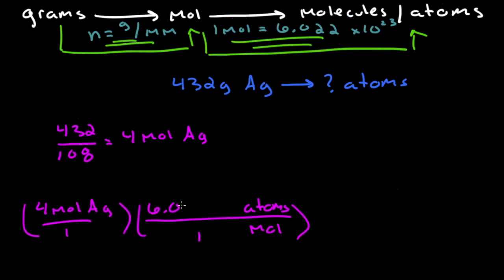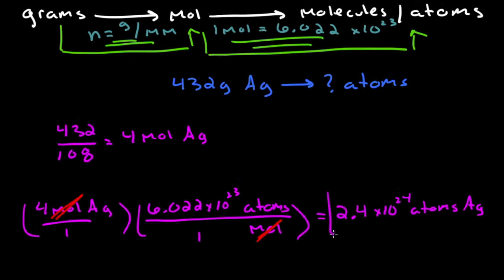So we're going to put 6.022 times 10 to the 23rd power up here. And then we have moles here, and moles here cancels out. And then we'll have 4 times Avogadro's number divided by 1, and that's going to be 2.4 times 10 to the 24th power, and that's going to be atoms of Ag. And so this is how we would find grams to atoms.